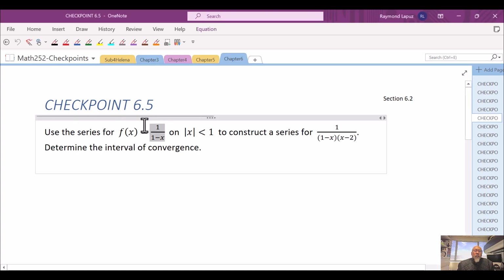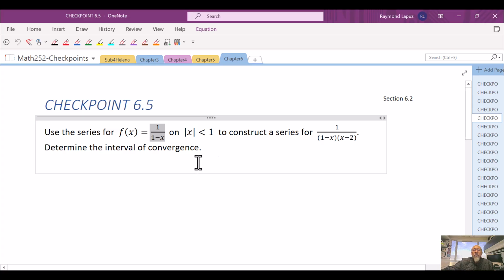So I think we're going to need to use partial fractions to split up this big fraction into two smaller fractions that mimic what's happening with this function, which by the way is a geometric series.